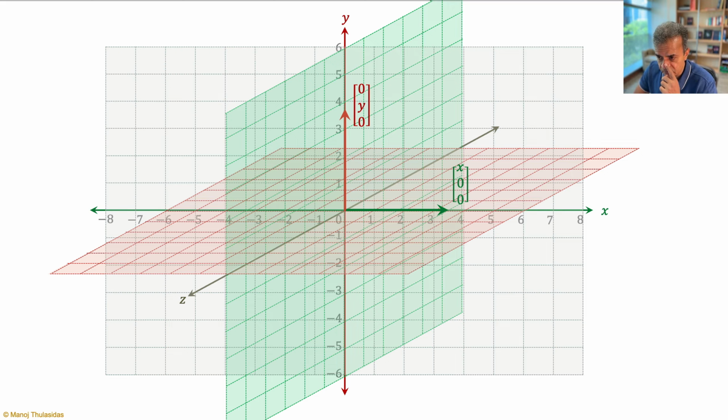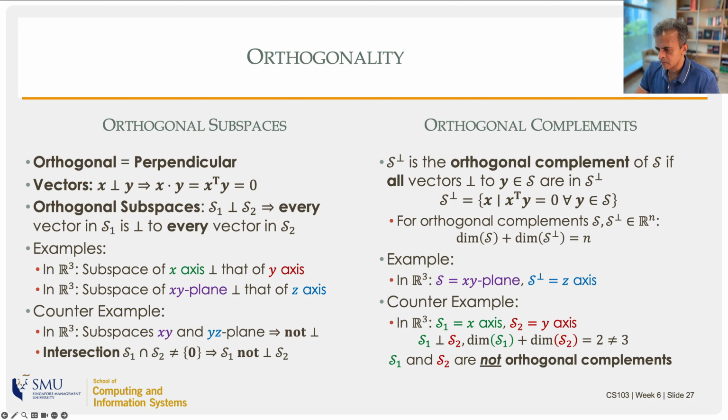But indeed, if these two subspaces were in R2, the x-axis and y-axis, then they would actually be orthogonal complements, because all vectors that are orthogonal to the x-axis in R2 can be found only on the y-axis, nowhere else. So the statement is that my green subspace comprising the vectors on the x-axis is not the orthogonal complement of my red subspace comprising vectors that lie along the y-axis.